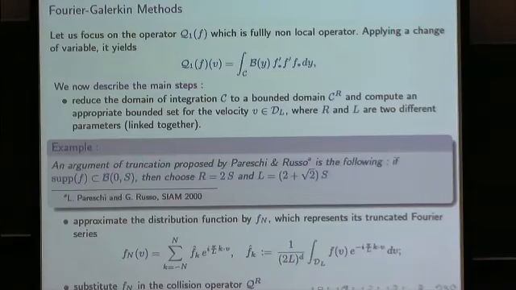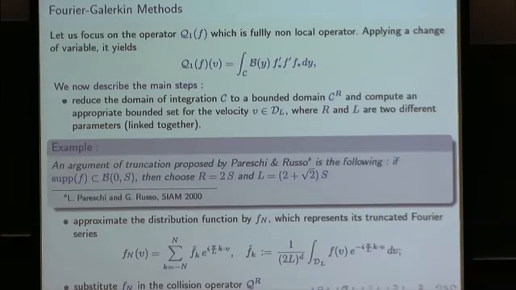As I told you, Q1 of f is really a fully non-local operator. And using a change of variable, as I told you before, I can rewrite it as an operator like this. Now, to describe a numerical scheme, there are mainly three steps.